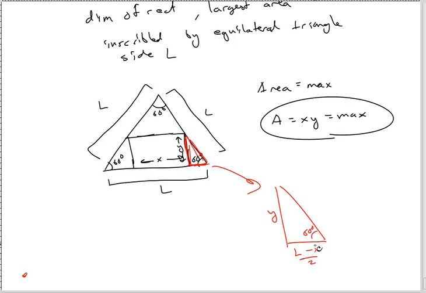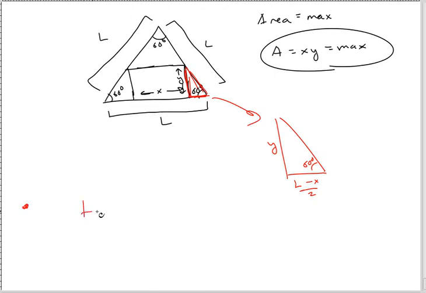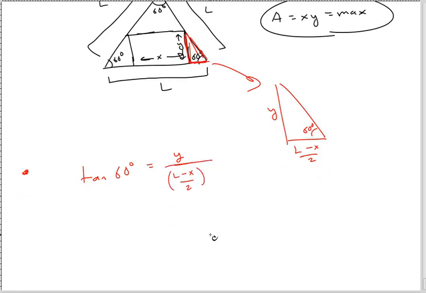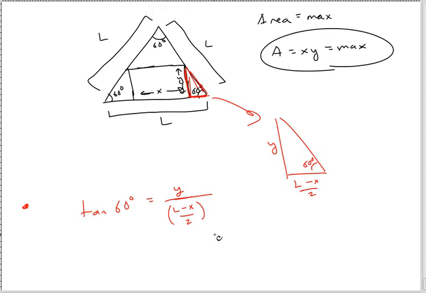And that's all I got for that triangle. I don't know what this hypotenuse thing is. But I can use tangent with that. So tangent of 60 is equal to Y is opposite, and then this L minus X all over 2 is my adjacent, unfortunately. And so what I got now is more of a relationship between X and Y, at least a little bit.